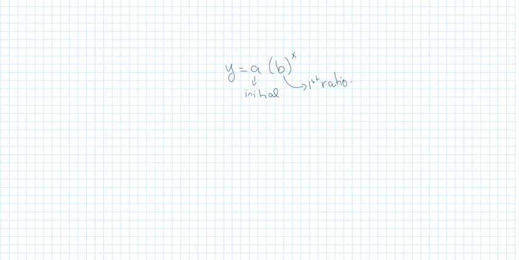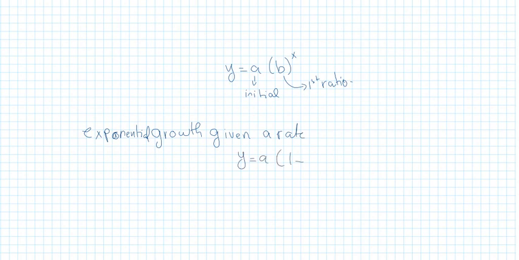Did we talk about the different kinds of equations? We also talked about growth and decay given a ratio, or given a rate, not a ratio. And we said that if you have exponential growth and you have a rate, what would the formula look like? Y equals A(1 + i) raised to x.